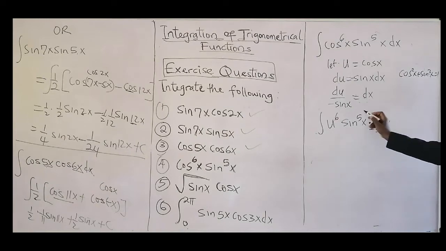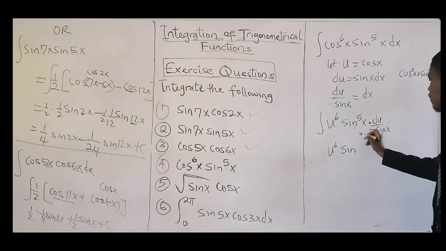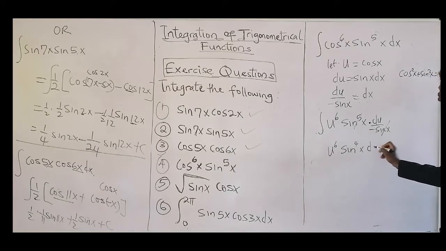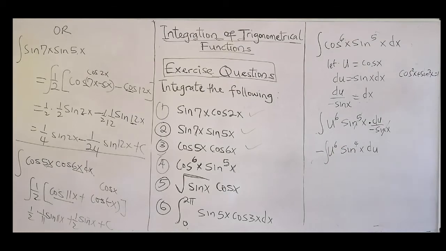So we have u6 sine 4x du. Don't forget the minus here, so integral of minus outside. Okay, so the target now is to turn everything in the form of u.